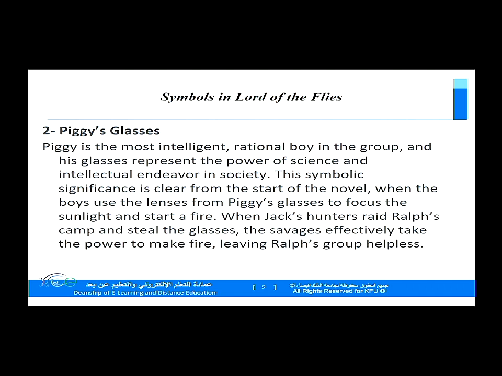This symbolic significance is clear from the start of the novel, when the boys use the lenses from Piggy's glasses to focus the sunlight and start a fire. When Jack's hunters raid Ralph's camp and steal the glasses, the savages effectively take the power to make fire, leaving Ralph's group helpless.